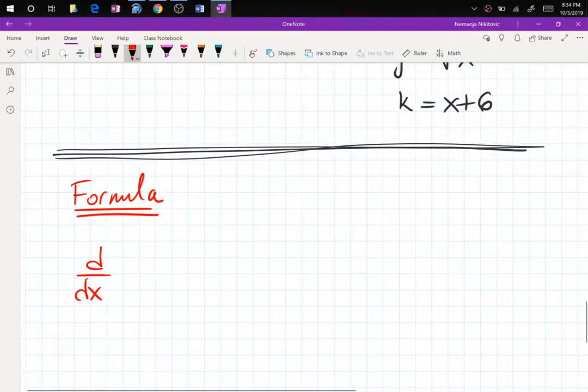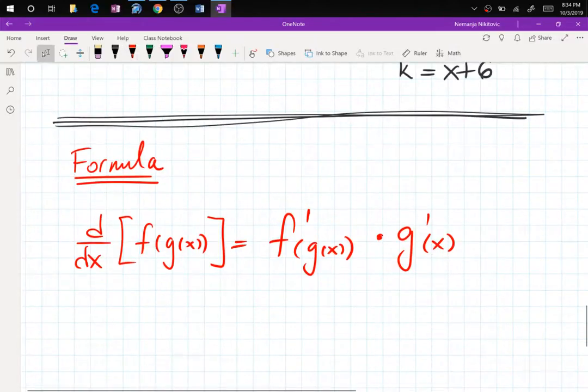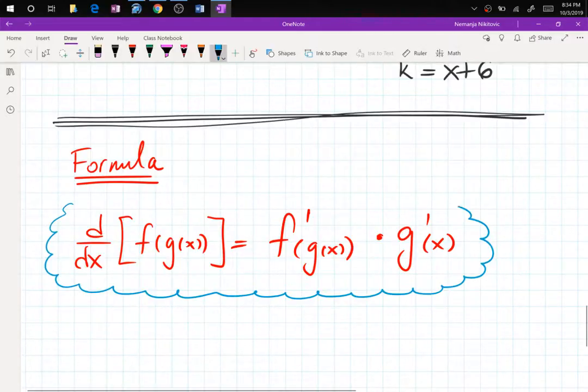The derivative of f of g of x is f prime of g of x, still plugged in, times the derivative of g of x. So this is your chain rule formula when you only have two functions.